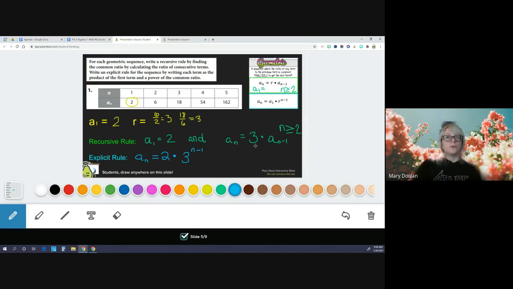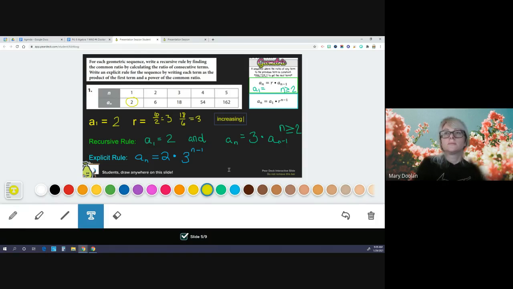All right, so we're going to do another one of these. Because if you look at the values in this sequence, we started with 2, then we went to 6, then 18, 54, 162. So this was an increasing geometric sequence.